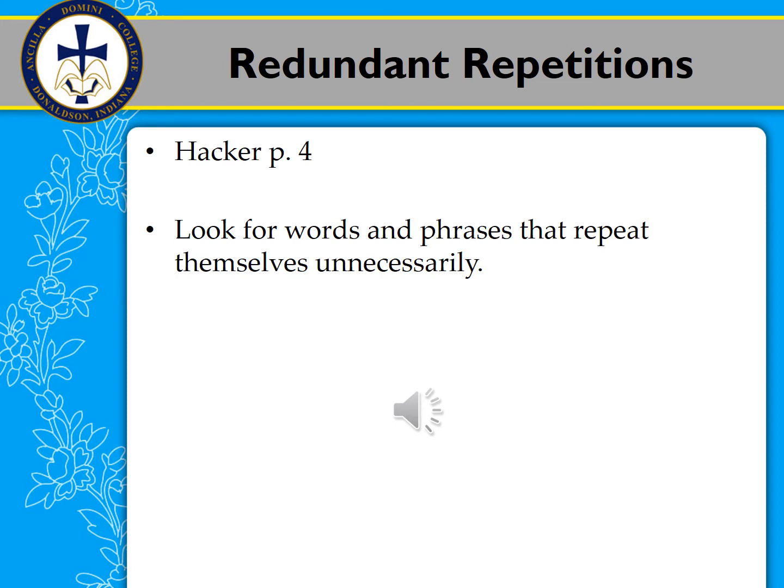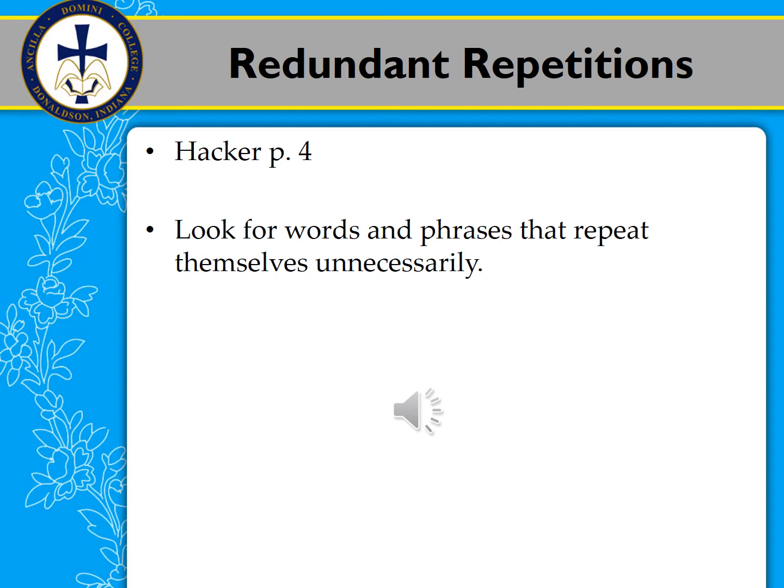We can see some examples here, and they talk about a few different things that can be redundant in a sentence. In other words, repeating unnecessary words or unnecessary ideas that don't really need to be in there the way that they are in your sentence. So they give some examples here, expressions like cooperate together.